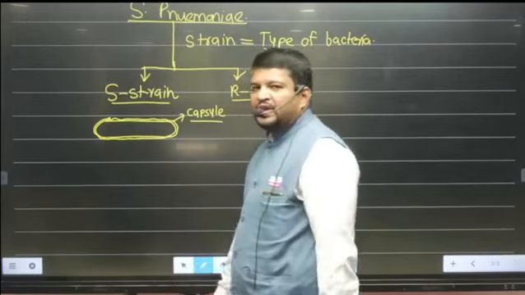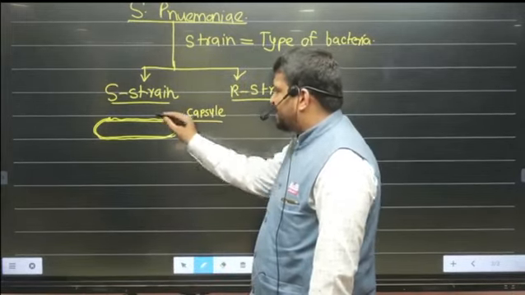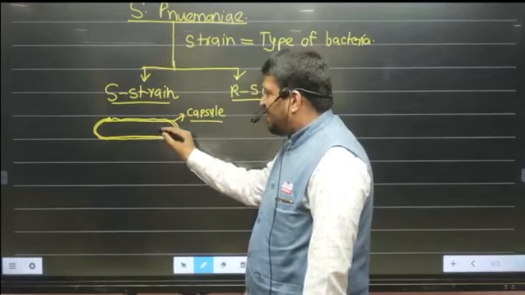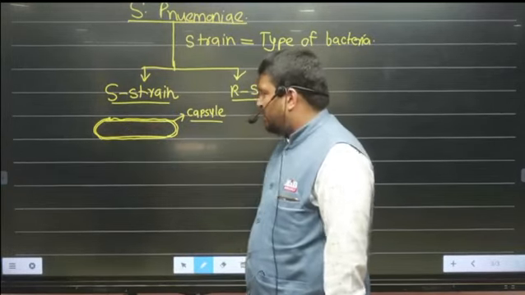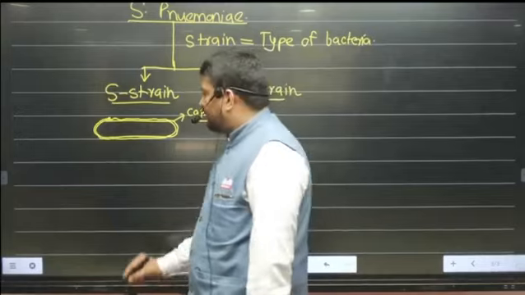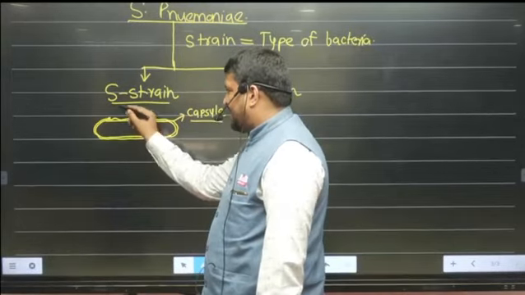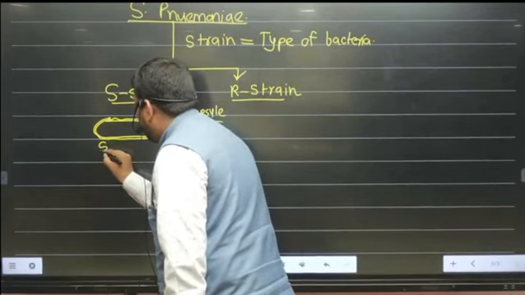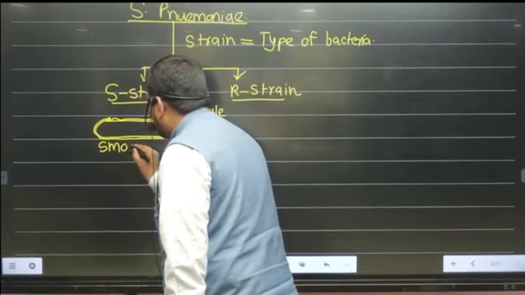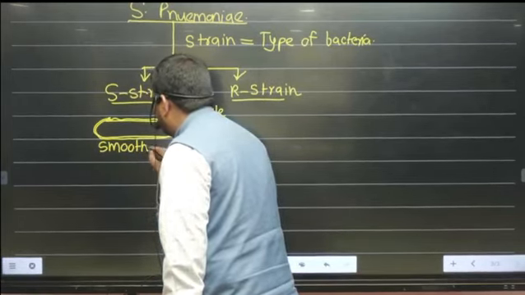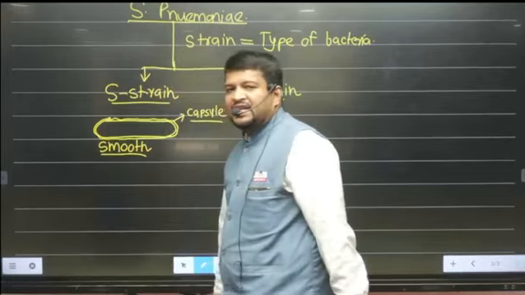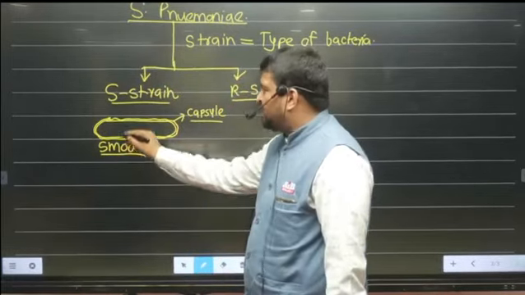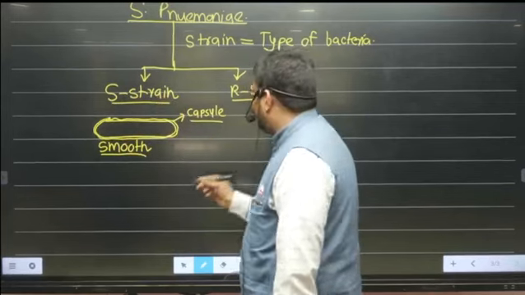What is the meaning of the capsule? Simply, it is a protective covering around the bacterial cell wall. The S strain shows the presence of the capsule, therefore the appearance of this strain is smooth, and it is called the S strain.